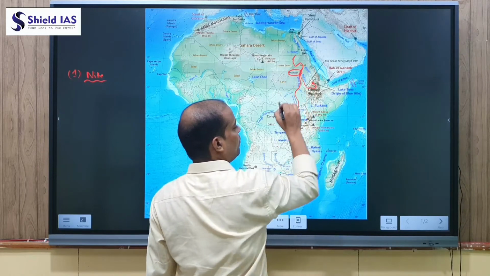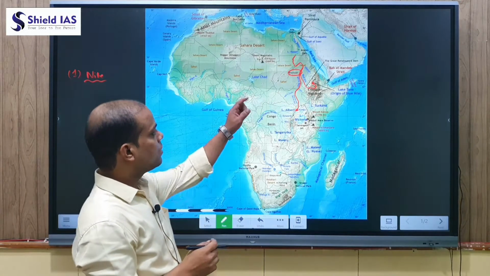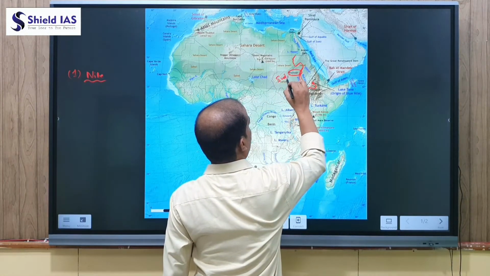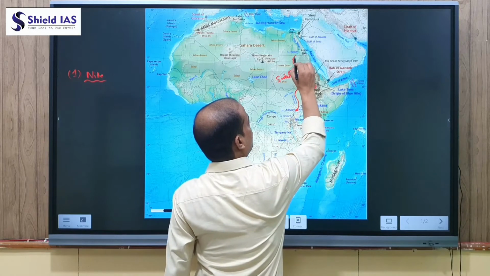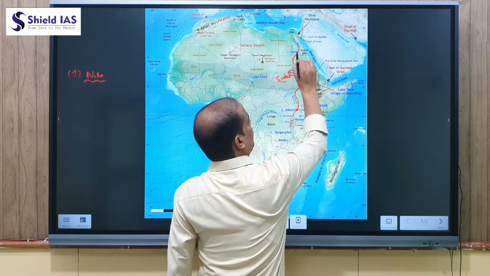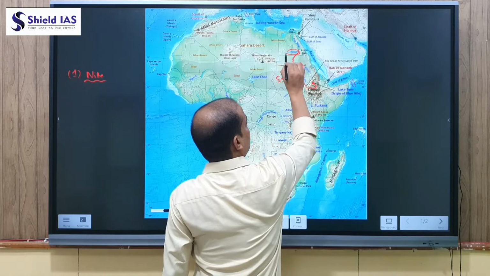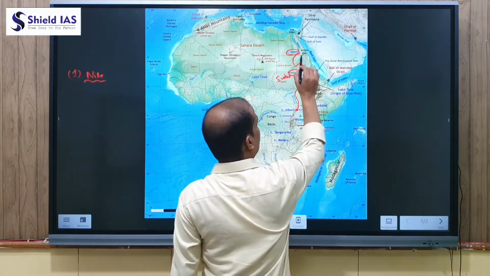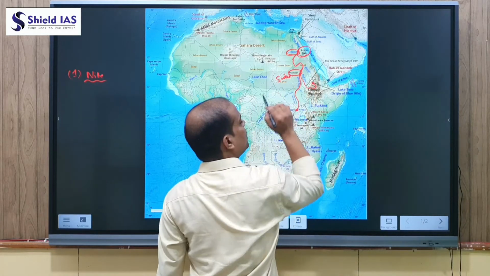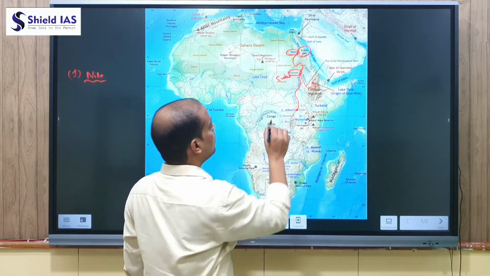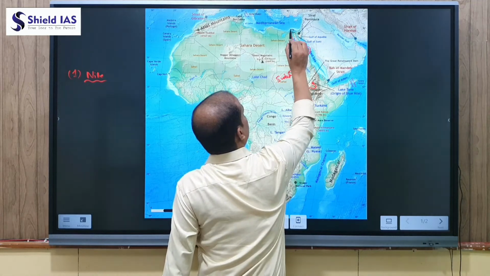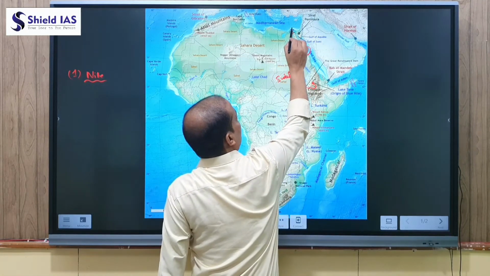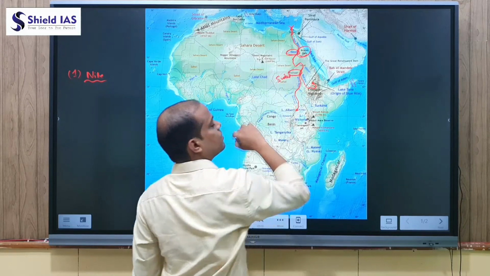The majority of the river falls in the country of Sudan, and after crossing Sudan there is a lake called Lake Nasser, and at Lake Nasser we have an important dam, that is the Aswan Dam, which is situated in Egypt. It falls into the Mediterranean Sea.